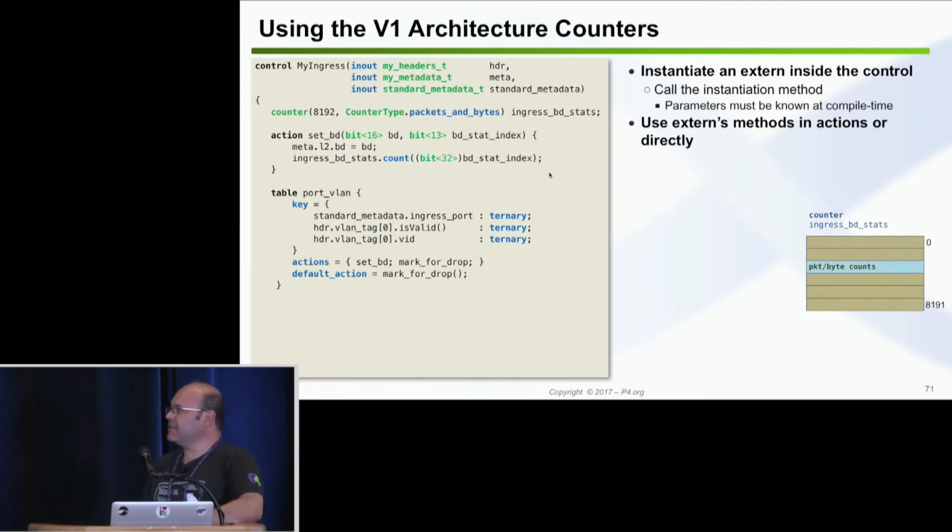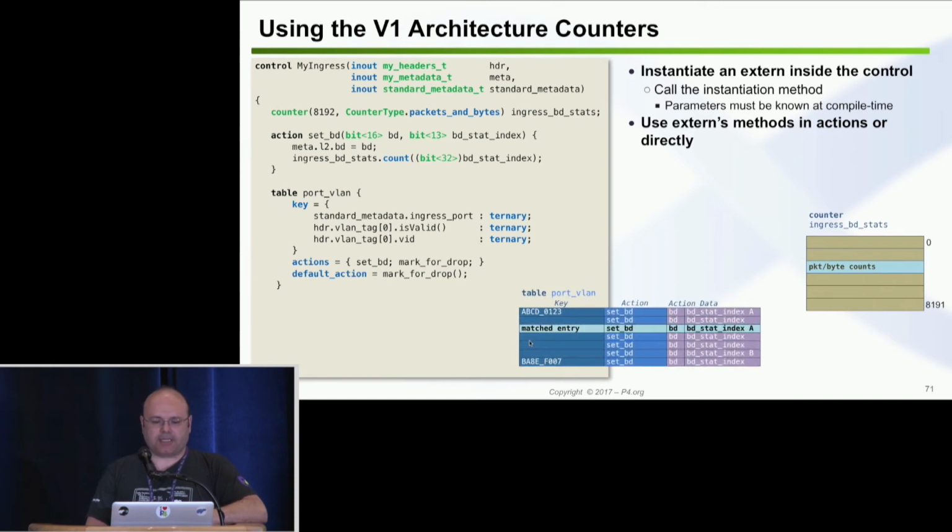Now you can define a table which will use this action, setBD. Effectively, when the control plane programs it, one of the action data it will set for the setBD action will be a BD stat index. So if you have, for example, two entries with the same index A, they will point to and increment the same counter in this table, or there could be another entry with the index B, which will increment a different counter.